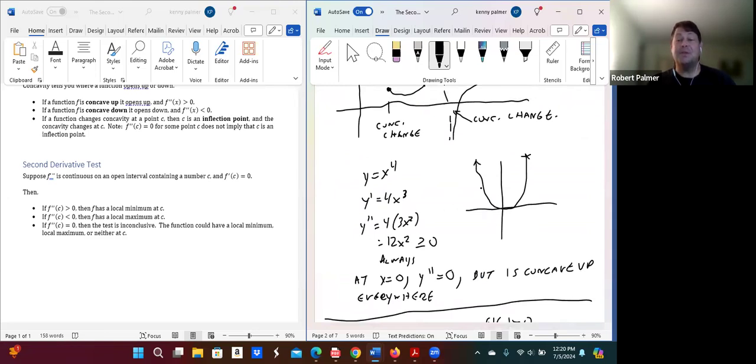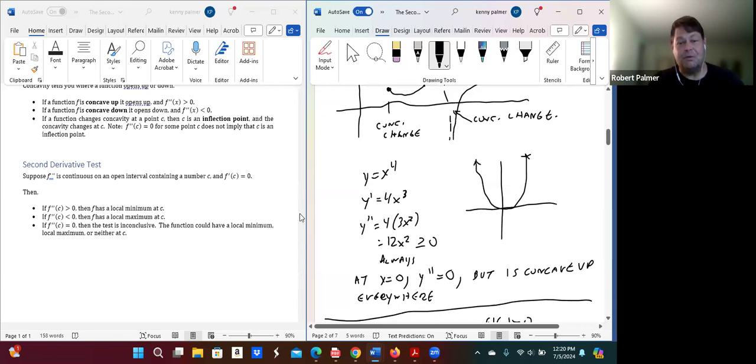But the second derivative would also be 0 there as well. And so that would actually be inconclusive. The second derivative test wouldn't tell us. We'd have to use, for example, the first derivative test to figure out whether we have a local maximum, local minimum, or neither right there. Because if the second derivative is 0 at that critical value point, then the test is inconclusive. It could be a local maximum, local minimum, or none of those.